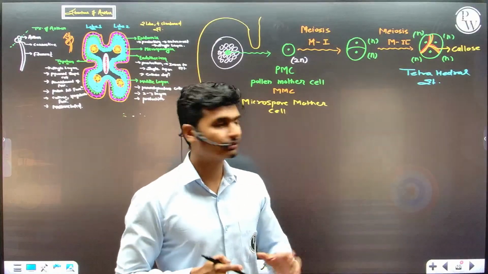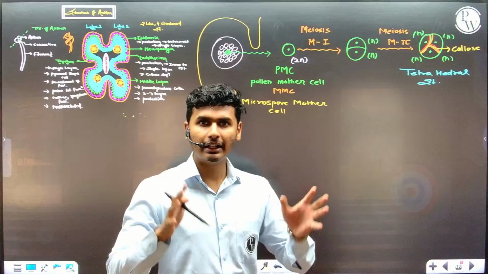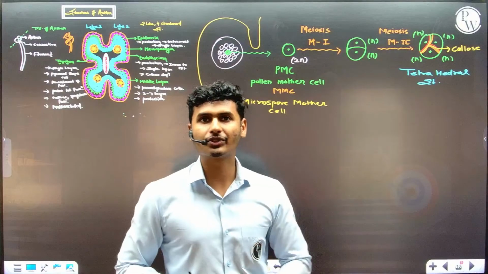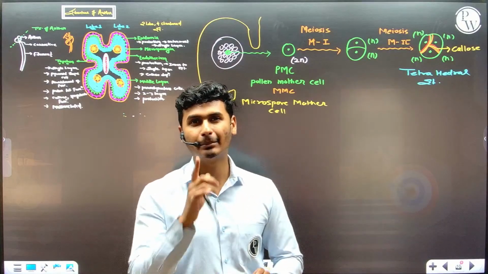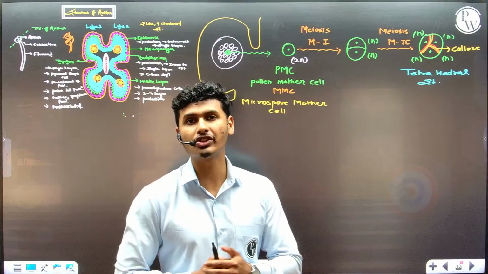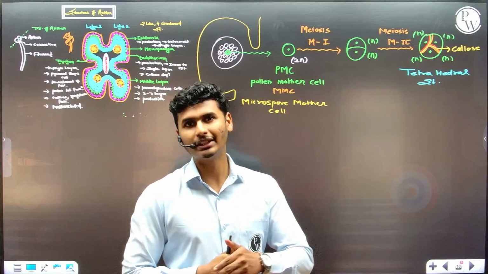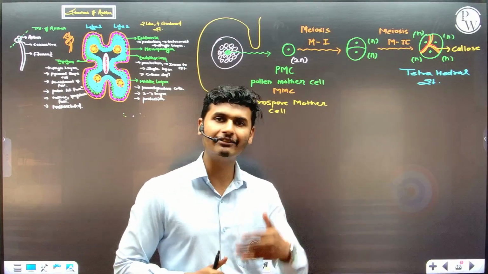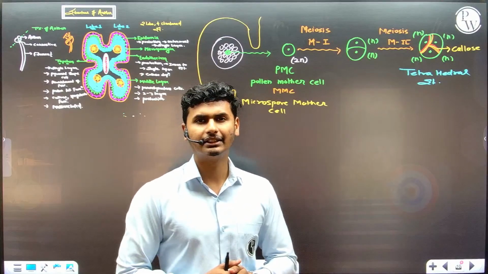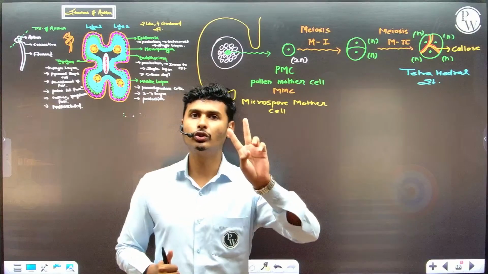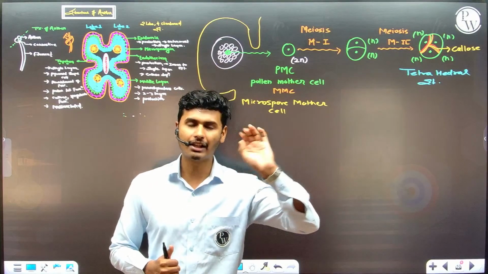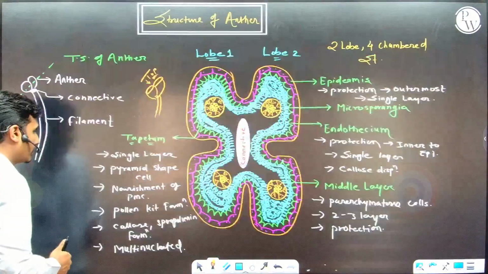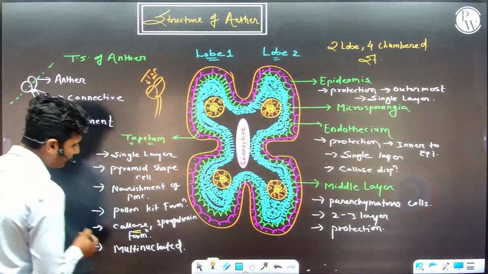All 4 microspores are attached to each other in a tetrahedral structure with the help of callose, and the breakdown of callose is very important for formation of pollen grain. The pollen grain is the part where the vegetative cell is present, and that cell divides mitotically to form 2 male gametes. So before that, we write here callase enzyme formation.